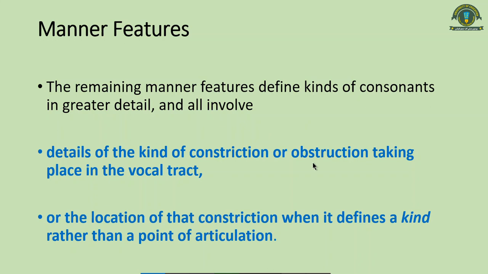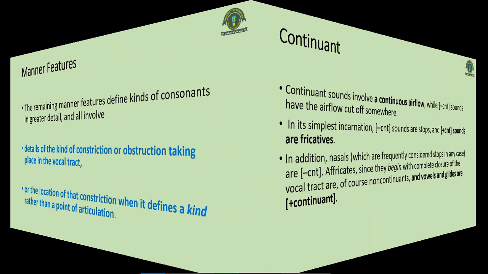We see what kind of constriction it is: either this is a constriction made at the teeth position, at the alveolar ridge position, or whether it is the tip of the tongue or the blade of the tongue which is making a constriction. So we try to focus on more detail in these manner class features.